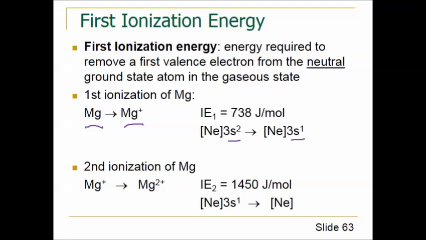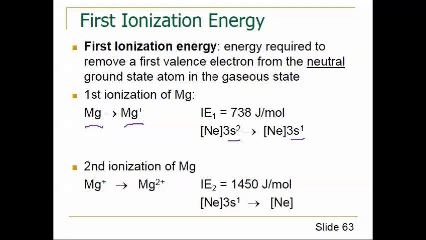Now, of course, you don't have to stop at 1. You could reach in and take out a second valence electron, and then a third and a fourth. You could take away all the valence electrons and then keep taking away more electrons after that. So there's a second ionization energy, a third, a fourth, until you run out of electrons.